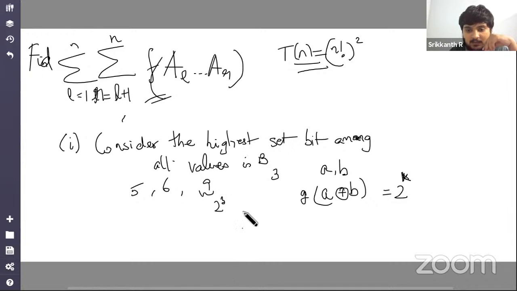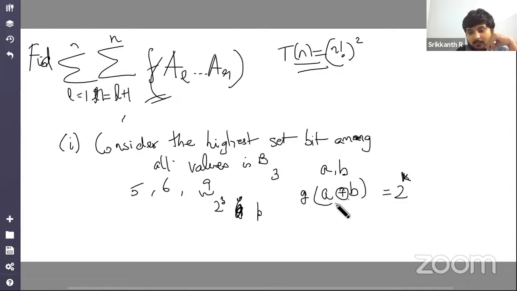If the highest set bit amongst all the values inside B is p, let's consider a couple of cases. Let's consider a case where both a and b have p.